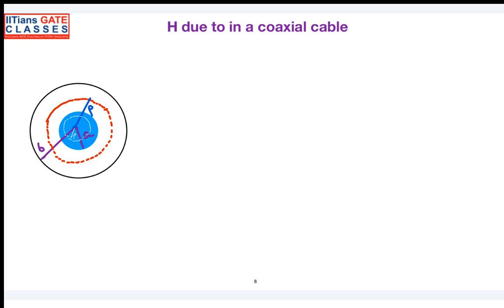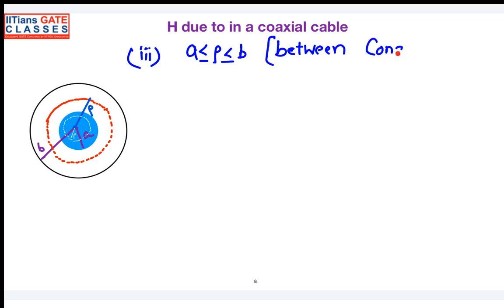Now case 3 will be when the value of rho lies between A and B. So that is between the conductors. So I have already covered here.